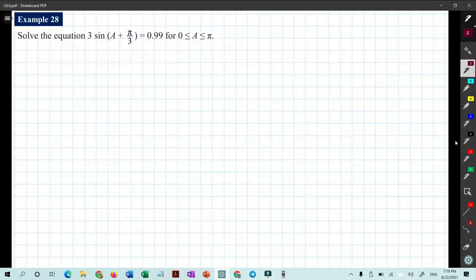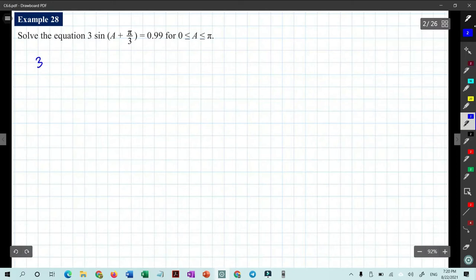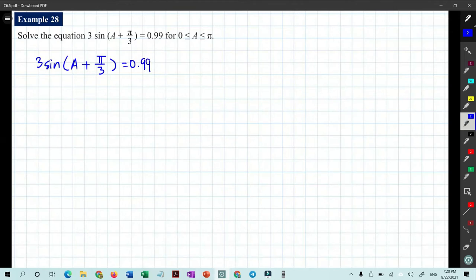Okay, let's look at example 28. Solve the equation 3 sine (a plus pi over 3) equals 0.99 with the condition a between 0 to pi radian. So I'm going to divide this whole equation by 3.